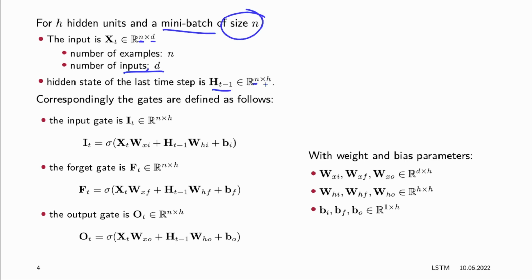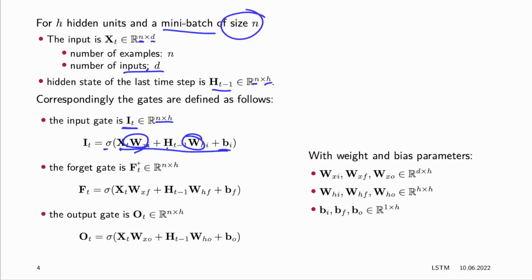Each of them has a hidden state of h dimensions, and the input gate it at our current time step is thus an n times h matrix, which is computed as the sigmoid applied to a fully connected layer of xt concatenated to h t minus 1. Each of them gets a weight matrix, so both xt and h t minus 1 are multiplied by a weight matrix.